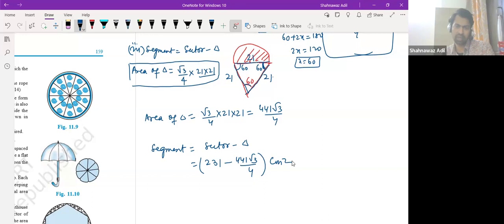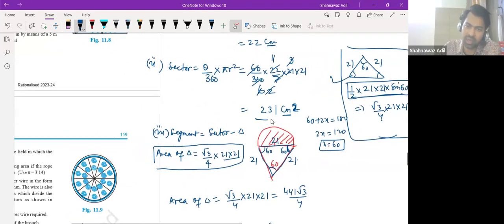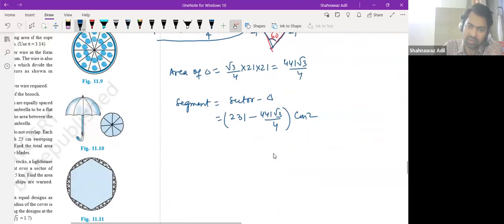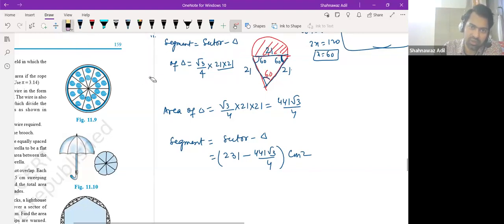Did you correct that part? As Shai might say, we have already calculated this part, so just put that value. So everyone has noted it down. So we can move on to the next question.